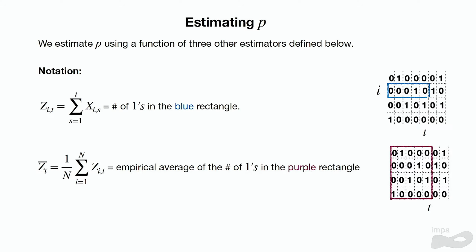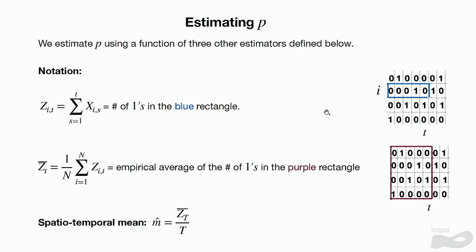So Z_t would correspond to the vector of Z_i^t, varying i, and Z bar t is just the empirical average of this vector, okay? So in a picture, if t is here, I take this square, I sum all the ones, and then divide by the number of rows of this matrix, okay? So that is the meaning of this Z bar t.